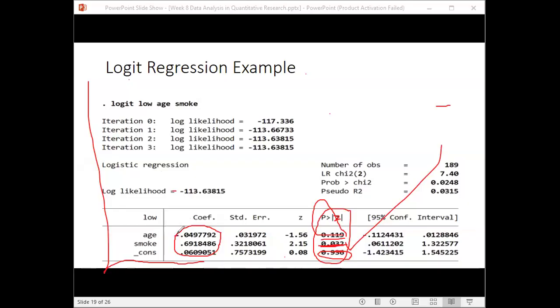This is negative, so it will reduce it. This is positive, it will increase this. This is positive, it will increase it. It's okay, just that. We don't go and interpret the 0.049, no. We have something called the marginal effects, MFX. So after this output comes, we put another command which brings about another result, which is the marginal effects. Those are the ones that you interpret the coefficient, not the iterations output that you see.